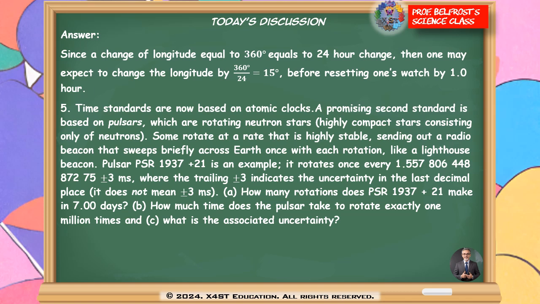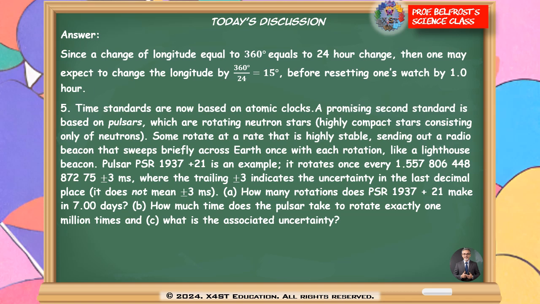Problem 5. Nowadays time standards are based on atomic clocks, and a promising second standard is based on pulsars. Some of these pulsars rotate at a highly stable rate, sending out a radio beacon that sweeps briefly across Earth once with each rotation, like a lighthouse beacon.